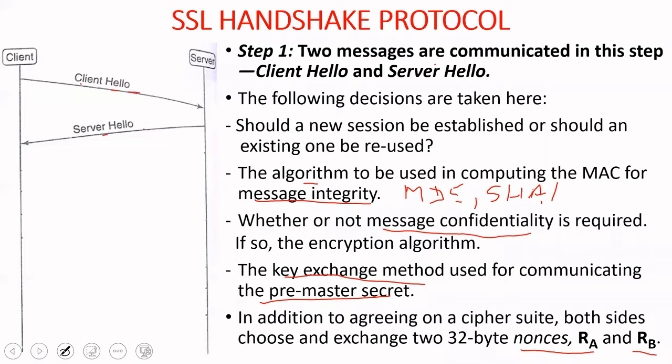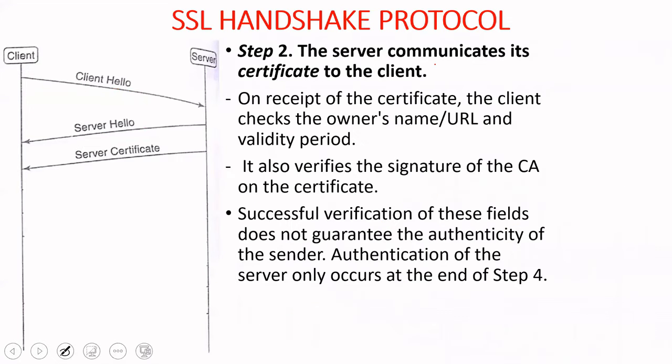Moving on to step 2. In step 2, the server communicates its certificate to the client. What is the certificate? The public key that the server has, that has to be communicated to the client.